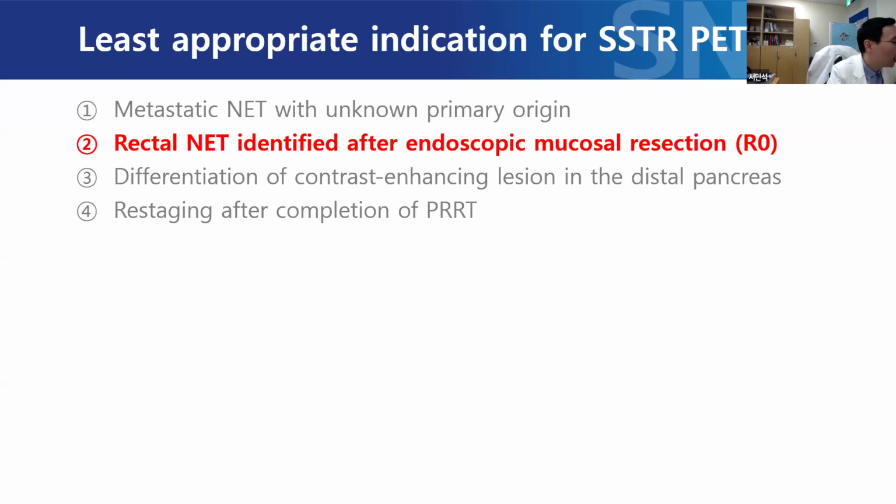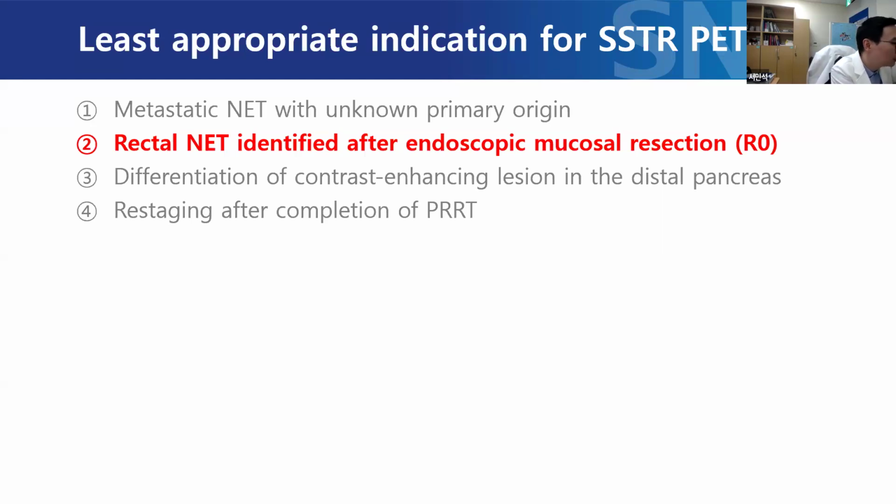And also, it has been shown that restaging after completion of PRRT is also helpful. So it has not been discussed in the cases, but assessing somatostatin receptor expression post-therapy can help decide on whether we should go on for further PRRT cycles or switch to other therapy.